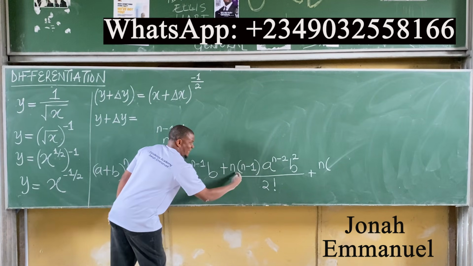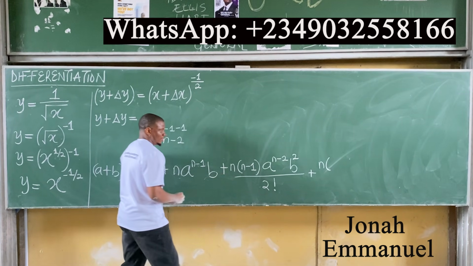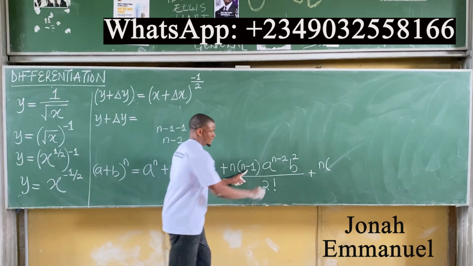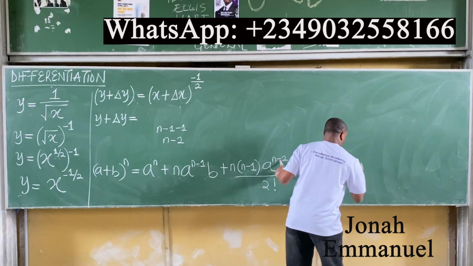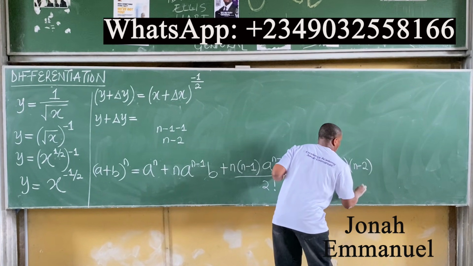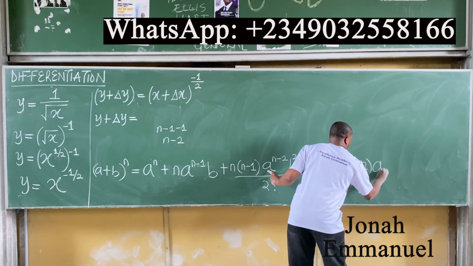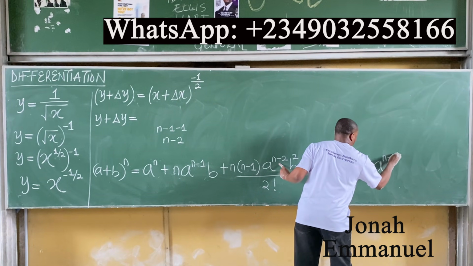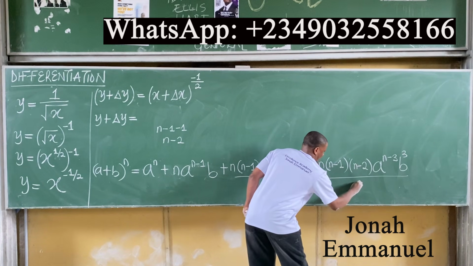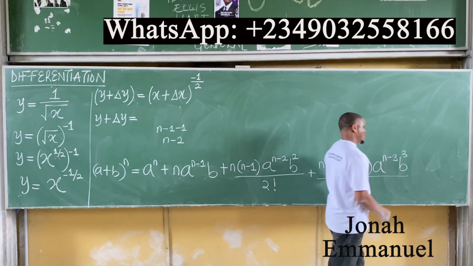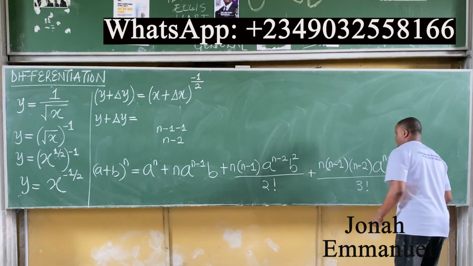So repeat these first before you bring it down. What do you have there? N into n minus 1 into n minus 2 into A to power what there? All over. Good. That's simple.